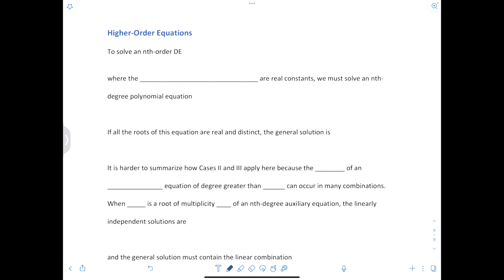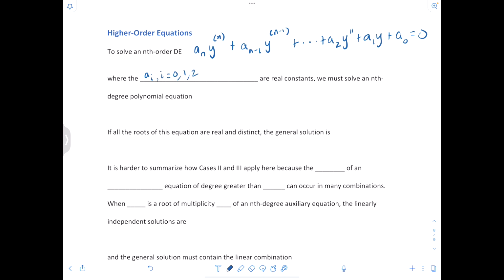When we start discussing these, we want to look at solving an nth order differential equation: a sub n times the nth derivative of y, plus a sub n minus 1 times the n minus first derivative of y, plus dot dot dot, plus a2 y double prime plus a1 y prime plus a0 y equals 0, where the a sub i, for i equals 0, 1, 2, all the way to n, are real constants.